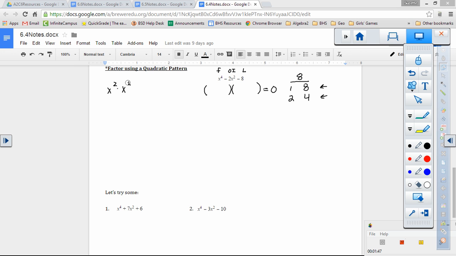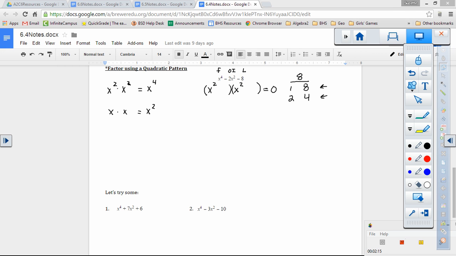And remember that when you are multiplying terms together, you add the exponents, so we get x to the 4th. So x squared times x squared gives me x to the 4th. Those go in here, just like when we did the regular ones where x times x is how we got x squared in our normal trinomials.